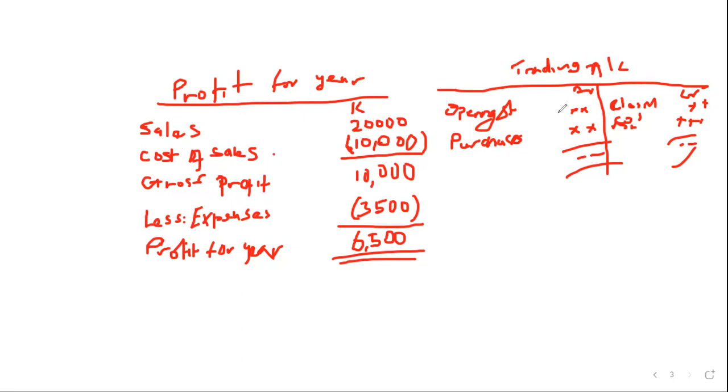So you can either calculate the cost of sales using a T ledger, or just the way we do it when we are preparing the statement of comprehensive income, where we just say, if you want to calculate the cost of sales, first you start with the sales.